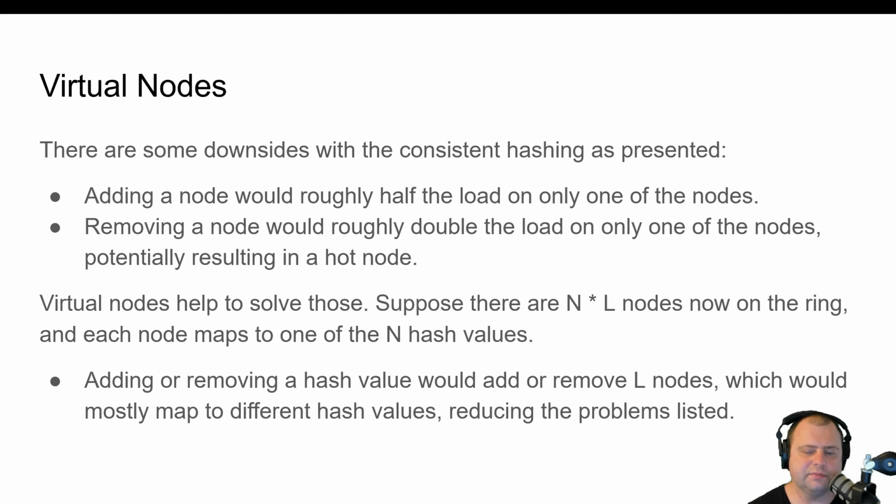Hash value 1 can map to 1, 4, 7, etc. In this case, we're still going to remap a similar amount of values, but adding or removing a hash value would add or remove roughly l nodes, which would mostly map to different hash values, reducing the problems listed. So we would probably get about a similar number of items added or removed for the actual nodes.